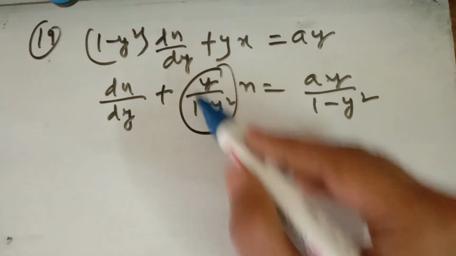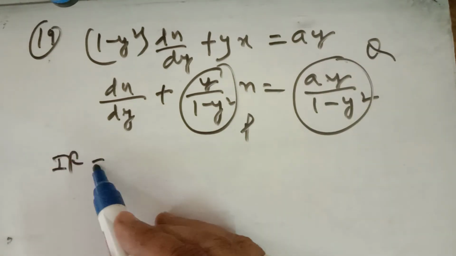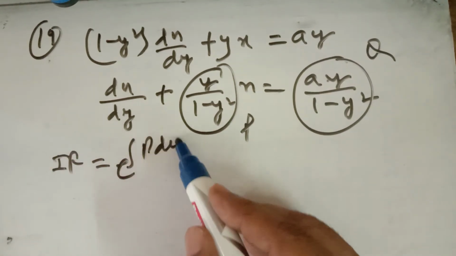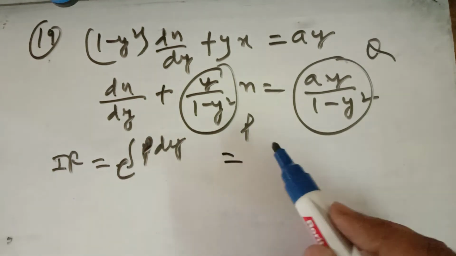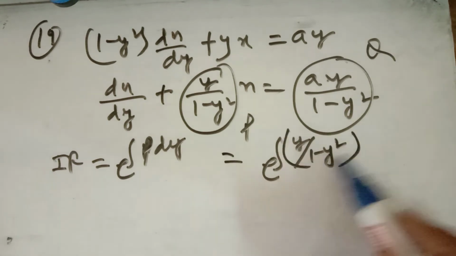So this is P, this is Q, and the integrating factor is e to the power integral of P with respect to y, because it is of the second form. So e to the power integral of y upon 1 minus y square with respect to y.